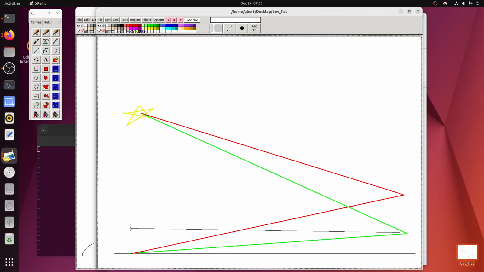Let's say this gray line is your horizontal. The angle between the gray and this one here would be the dip angle. Then you would measure this entire angle, and subtract the dip angle to get the angle above your horizontal.